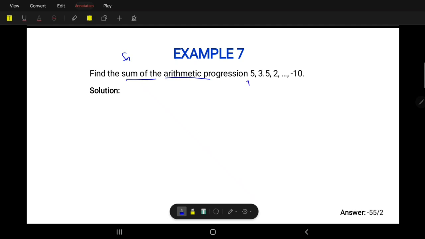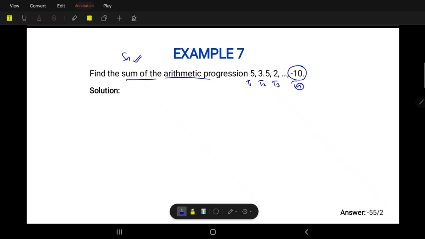We know that this is the first term, second term, third term. But what is the n term for negative 10? Kita tak tahu. Negative 10 ni term yang keberapa kita tak tahu. So, kita kena tahu dulu what is the n term for negative 10. Barulah kita boleh proceed cari Sn ni.